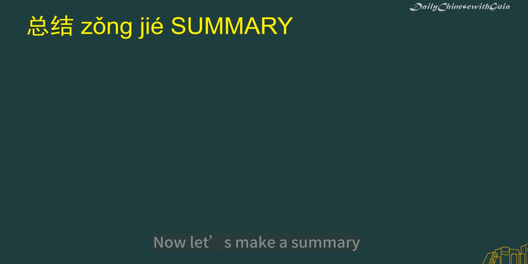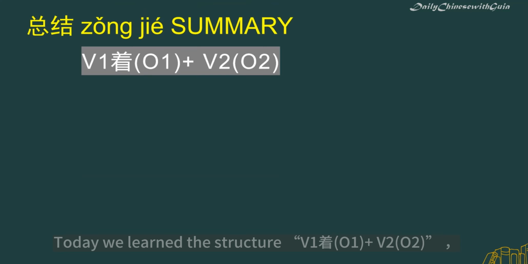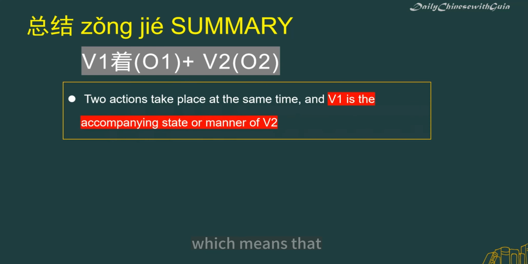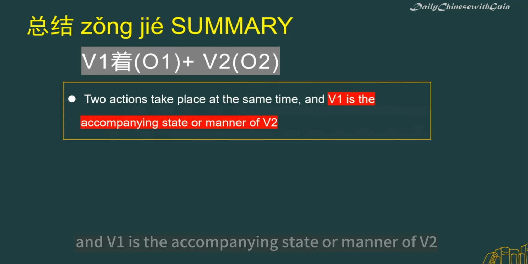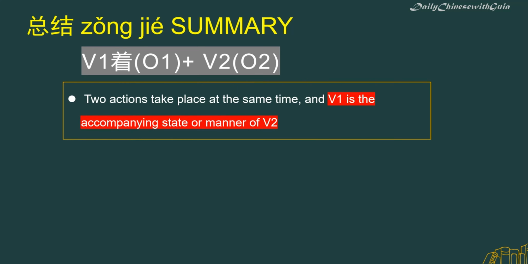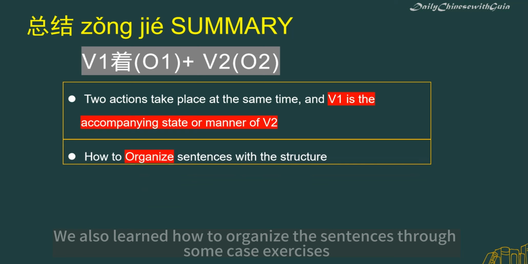Hi guys, let's make a summary now. Today we learned the structure V1着 plus V2, which means two actions take place at the same time, and V1 is the accompanying state or manner of V2. We also learned how to organize sentences with the structure.